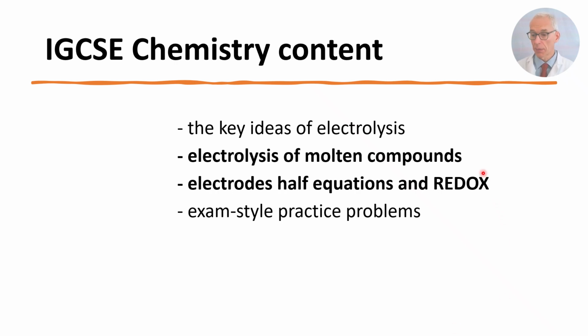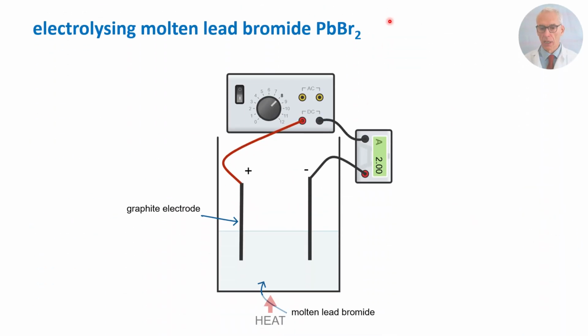Over the next couple of slides, we're going to look at the electrolysis of molten compounds, specifically lead bromide, and introduce electrode half equations and the idea of redox chemistry. Considering the electrolysis of molten lead bromide, PbBr2.